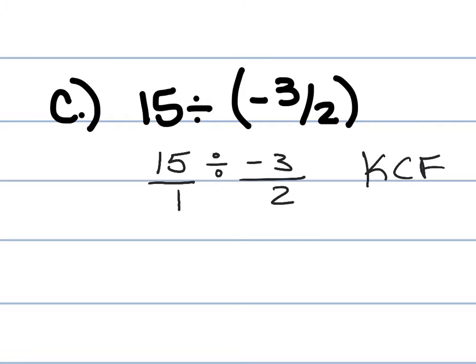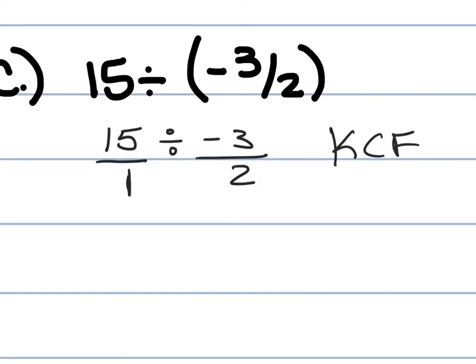So when I do this, I am going to keep the first one the same. When I've got division, keep the first one the same. Let's just see, keep. Change the division to multiplication, and then flip the last one.